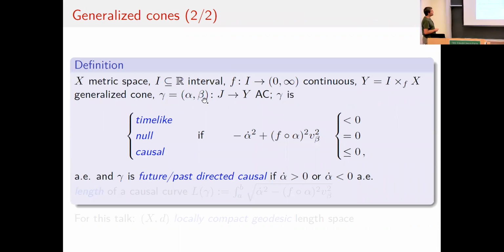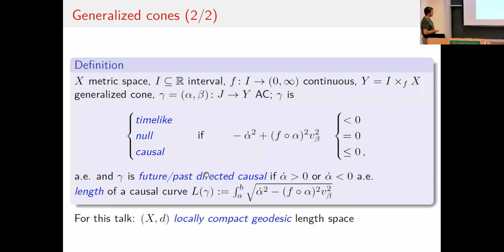For such a curve gamma with components alpha, beta, you say that this is time-like if this quantity here is negative, so minus the derivative of alpha squared plus f composed with alpha squared times the metric derivative of beta squared. It's null if this is 0, it's causal if it's non-positive, and it's future directed if alpha dot is positive almost everywhere, or past directed if alpha dot is negative almost everywhere. Then you can define the length of a causal curve as just minus this quantity, square root, and integrated.